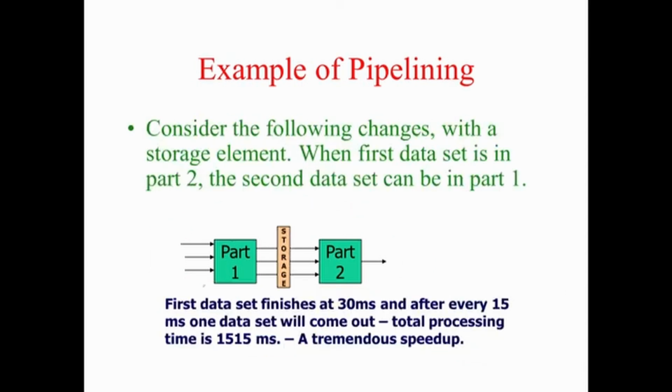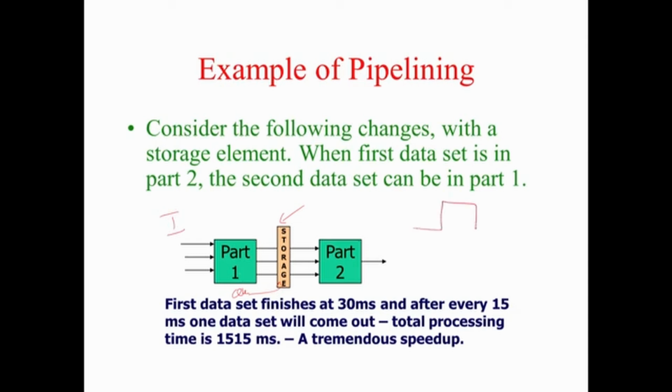Now suppose I put a storage element in between. This storage element is nothing but a register and it gets powered by a clock. Now I can get the first set of data and it will get processed.